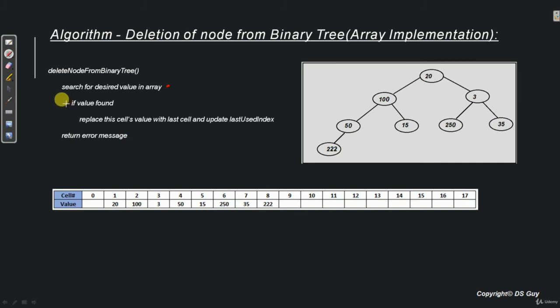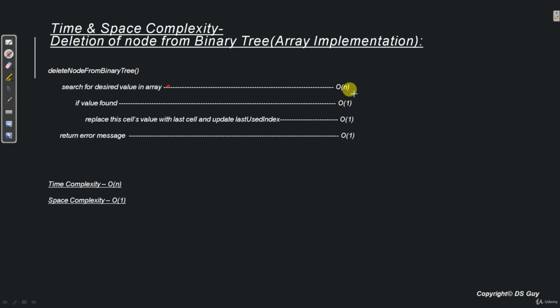Fine. Now let's see what is the time and space complexity of this algorithm. So searching for the desired value in the array will take order of n time, because in the worst case we might be deleting a value which is towards the extreme last. If the value is found, in that case we have to replace the value with the last used index. So both of them are constant time operations.